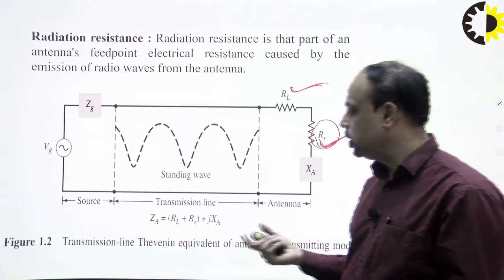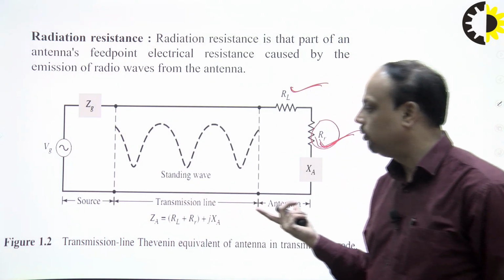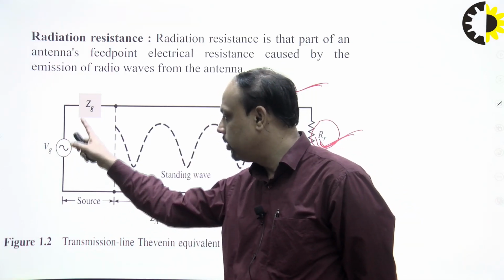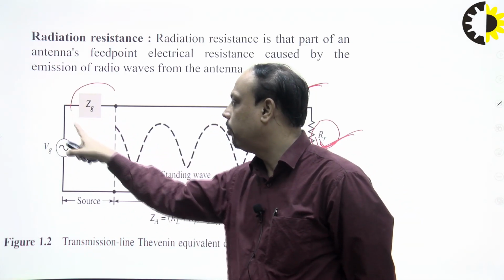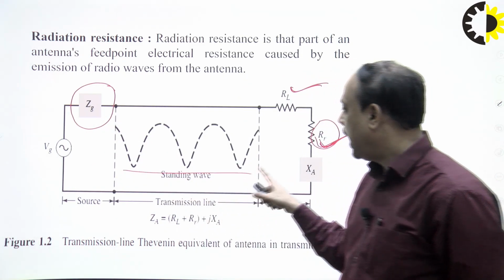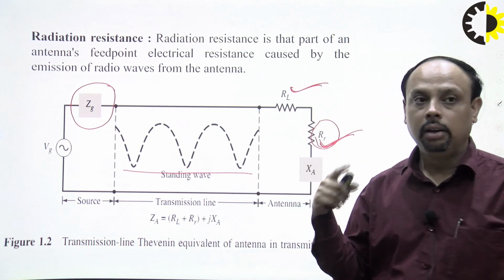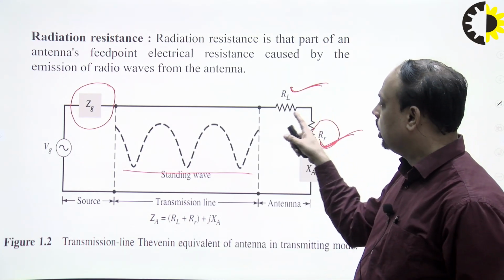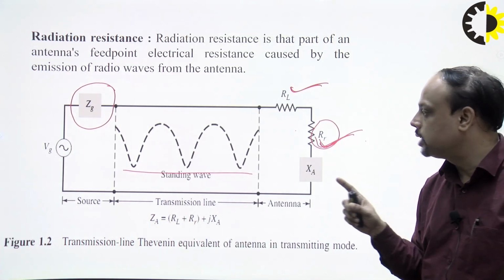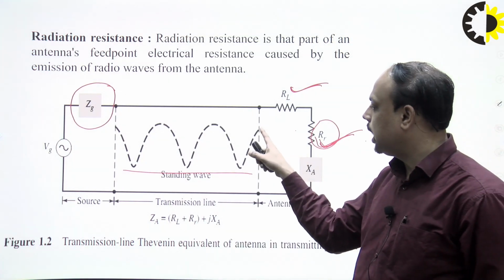If we consider the total Thevenin equivalent circuit of the antenna system, there is a source from which the wave is transmitted, and it is represented by the impedance Zg. This is the transmission line. As nothing is ideal, the matching from the antenna to the space is not proper, and due to this some amount of the wave is reflected back.